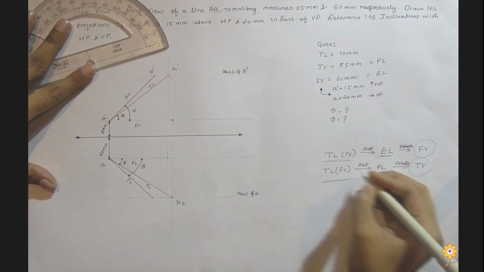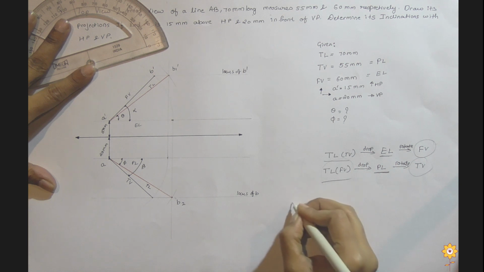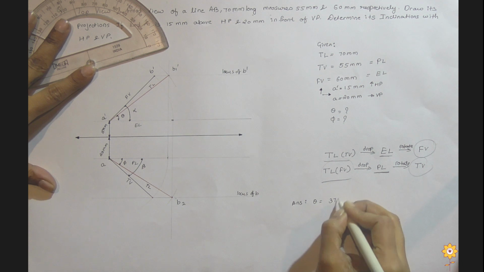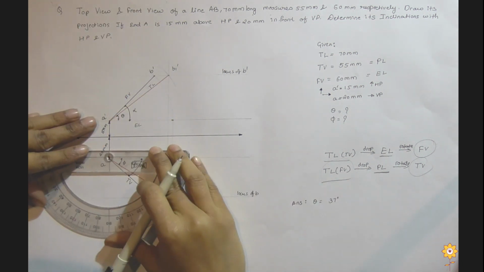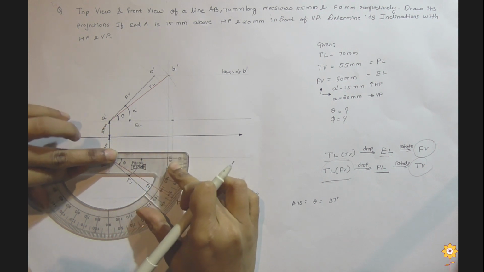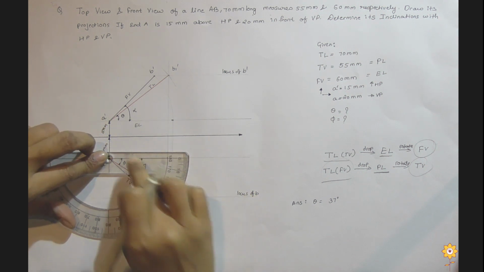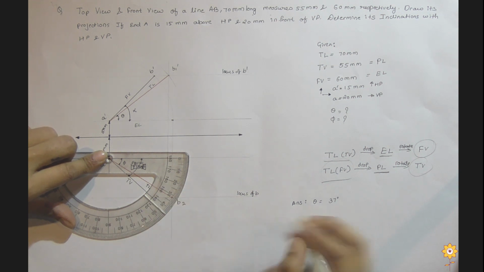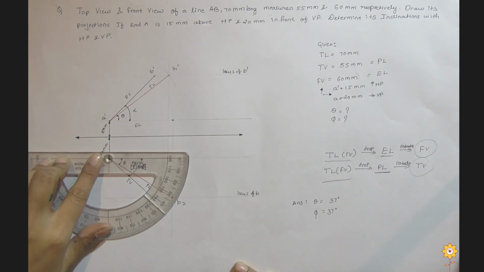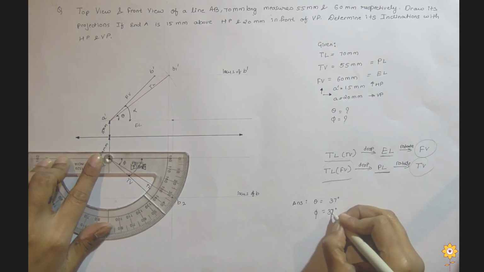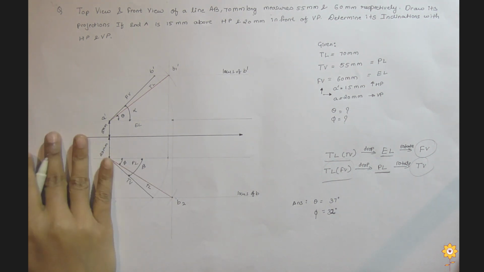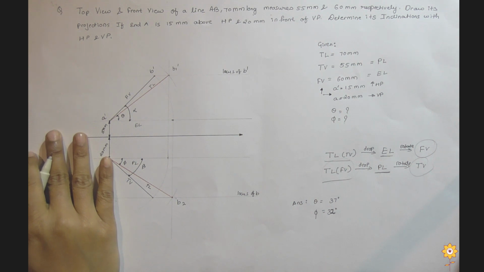So I'll write my answer here. My theta would be 37 degrees and my phi is 37 degrees also. Okay, so this is not 37, this is 32 degrees. So this is the complete solution for the question. Thank you, hope you understand.